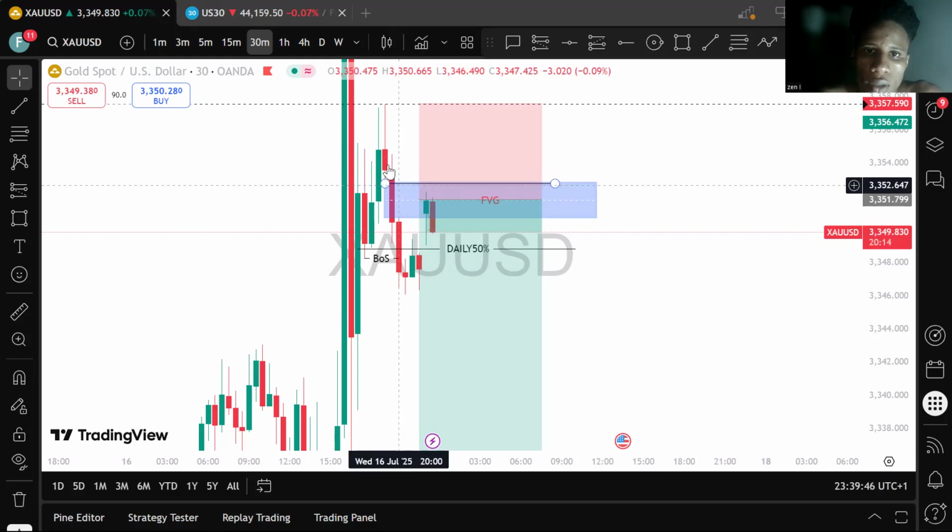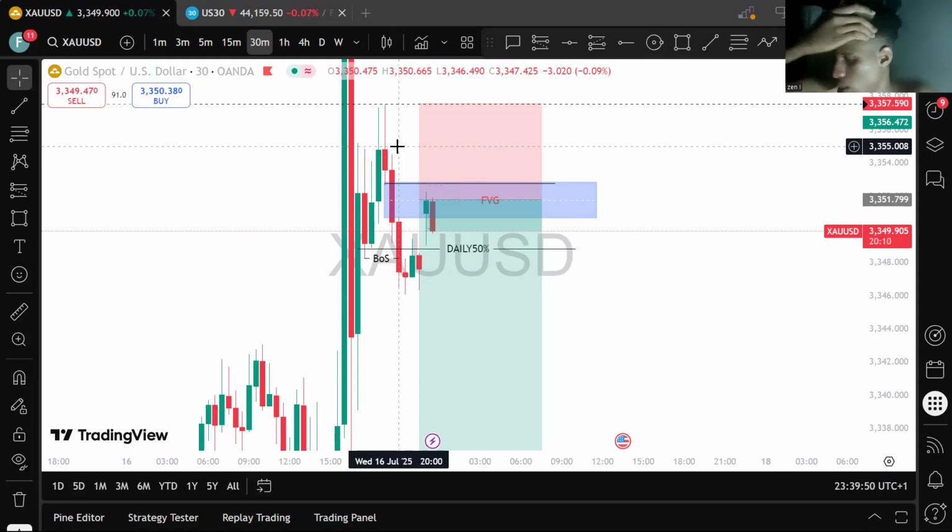Personally for me, one of the things that makes me interested in an order block is if I see a fair value gap. If there is the presence of a fair value gap, it makes me more interested in the order block.